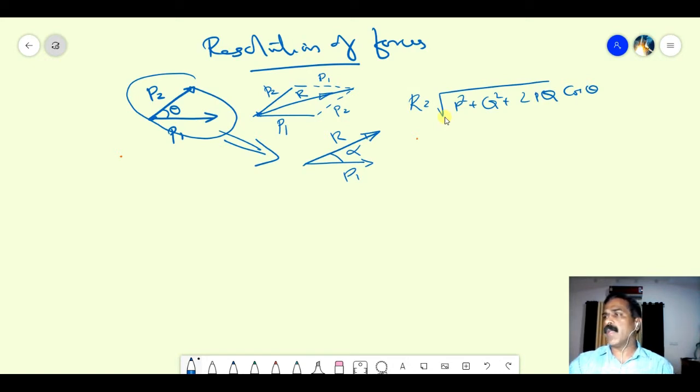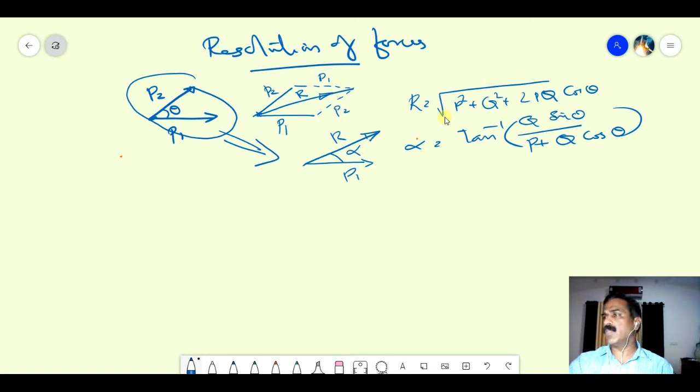Clear? And as this is a vector quantity, we need to specify the direction also. So the direction of this resultant R is specified by the angle alpha with the force P1 or with the horizontal. So alpha can be written as tan inverse of Q sin theta divided by P plus Q cos theta. This is the equation for alpha.